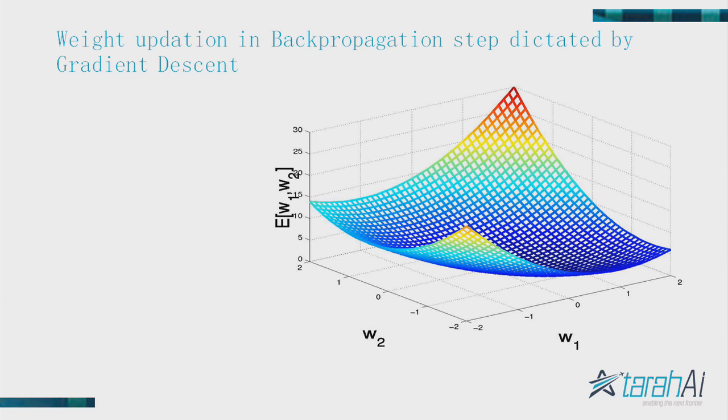In linear regression, the surface is convex. If you take a surface like this, there is only one minimum, right? If you take a surface like this, there are two minima, because it's not convex. What is convex?